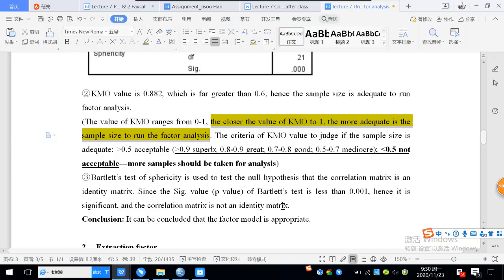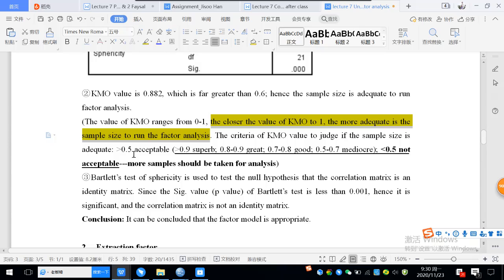If it's an identity matrix, then the factor analysis cannot be used. If it's not an identity matrix, it means the factor analysis can be used.